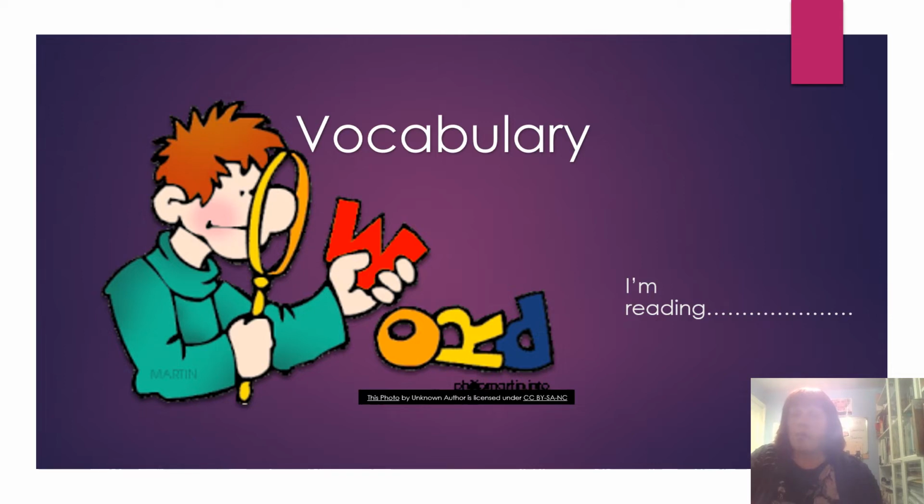Oh, I'm reading my newspaper. I don't know what that word means. I'll look it up, add it to my vocabulary book, and then try it in my writing. Because when we use words in that way, that's how we improve our writing. So, first of all, do you use a vocabulary word book?